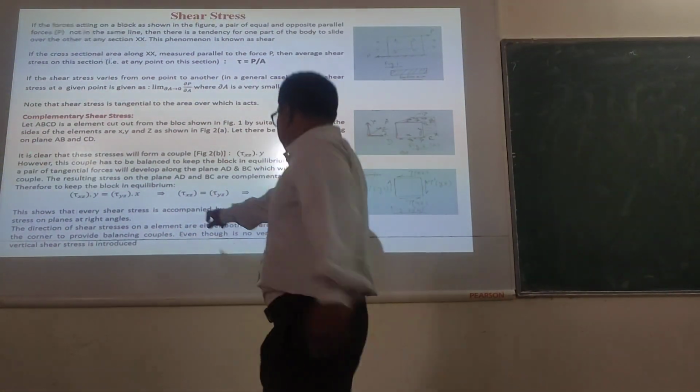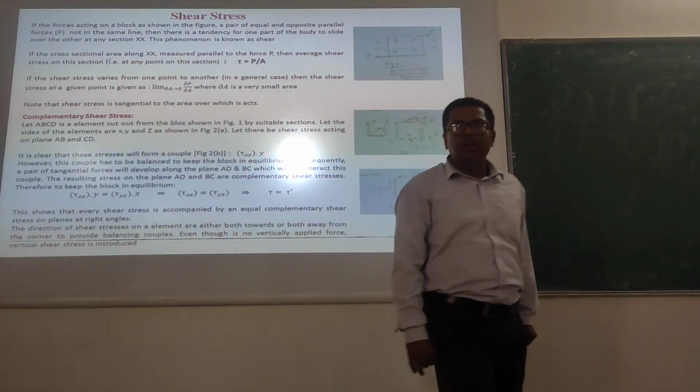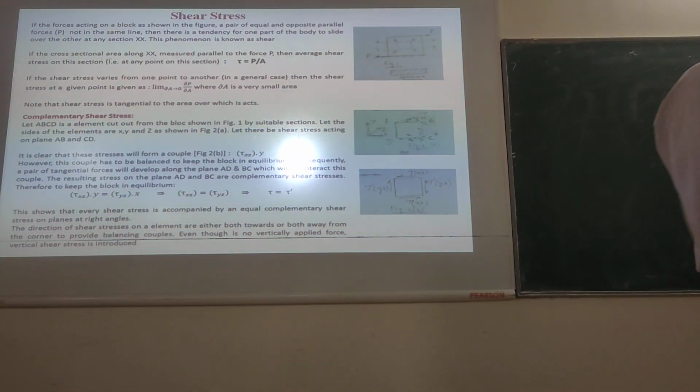That means my tau xy should be equal to tau yz. So how it is coming, you understand? So tau must be equal to tau dash. That's what I have written here. Tau must be equal to tau dash.